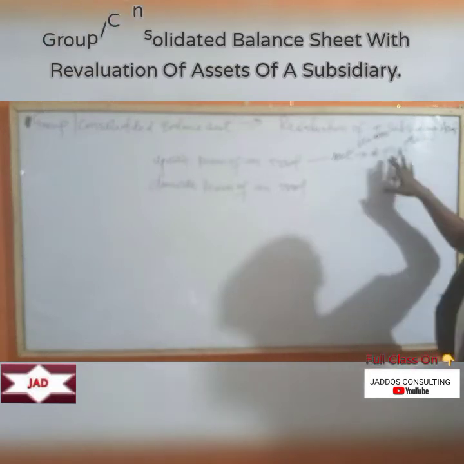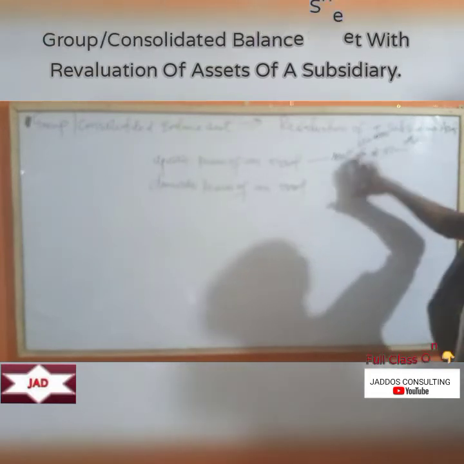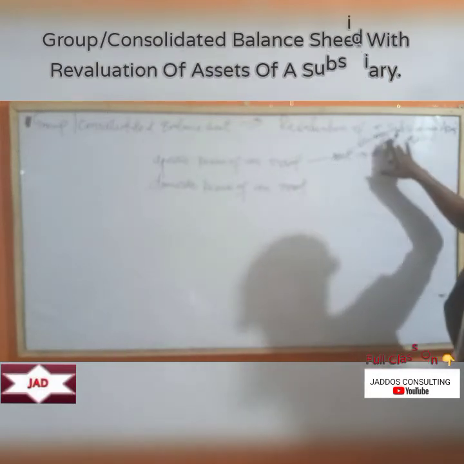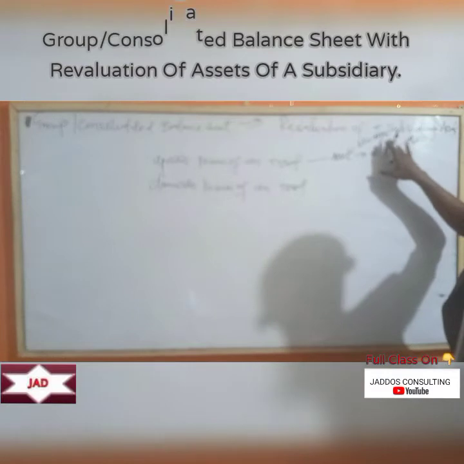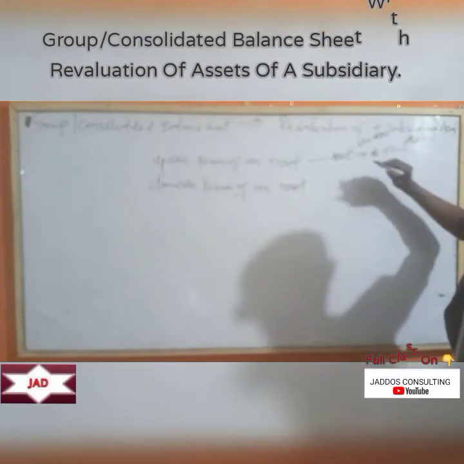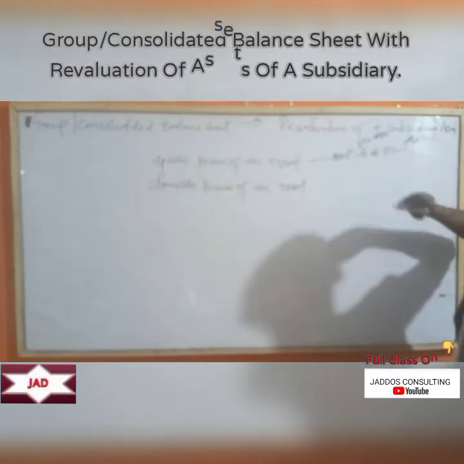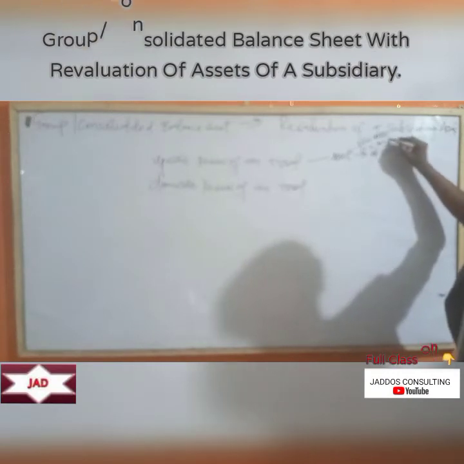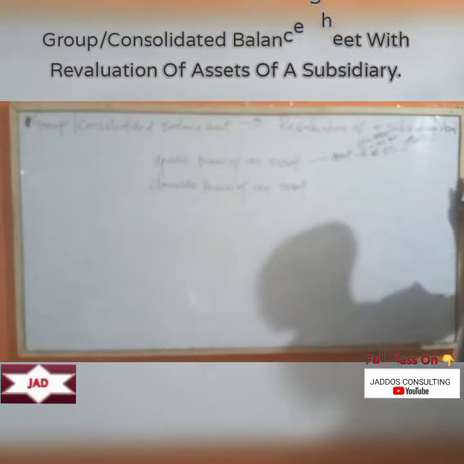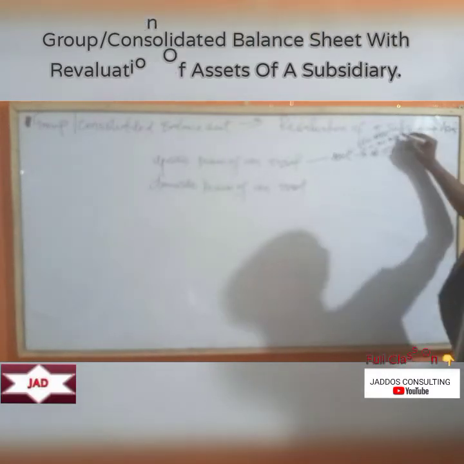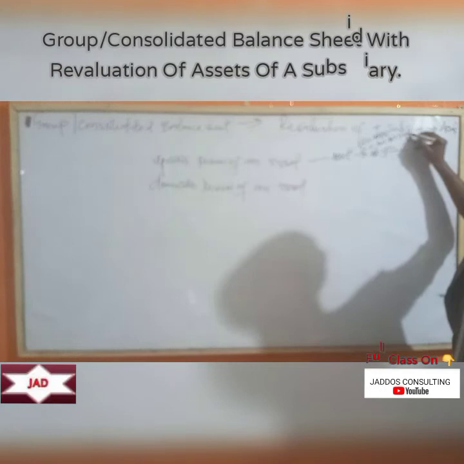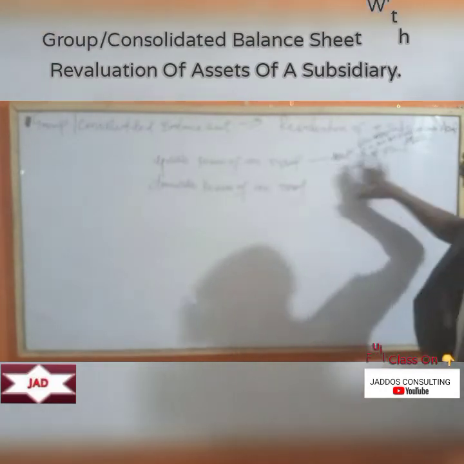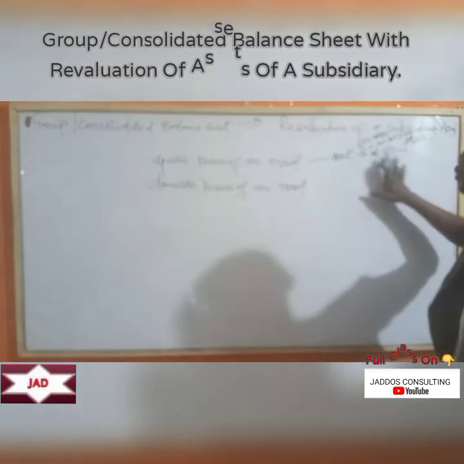You're reviewing from 500 to 600, so you debit asset with 100 naira. There has to be a corresponding credit. The credit goes to what we call revaluation reserve, or you can say revaluation surplus. This is what we call upward review.